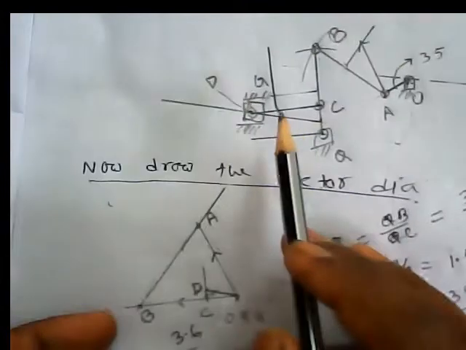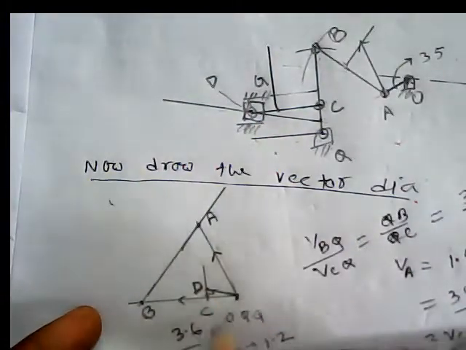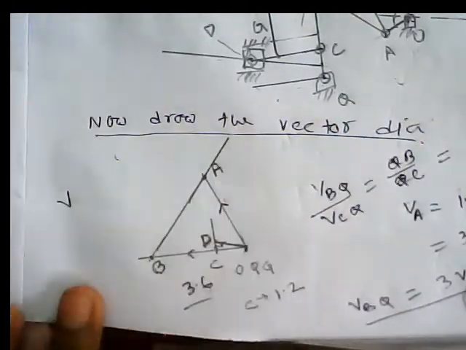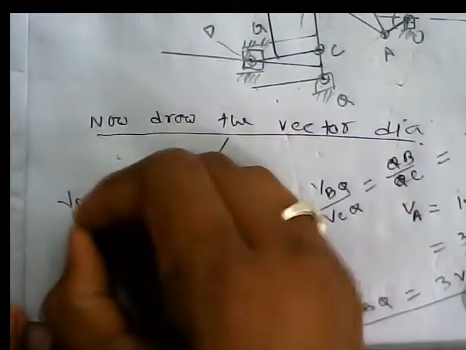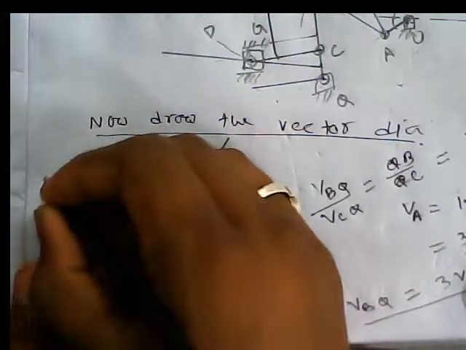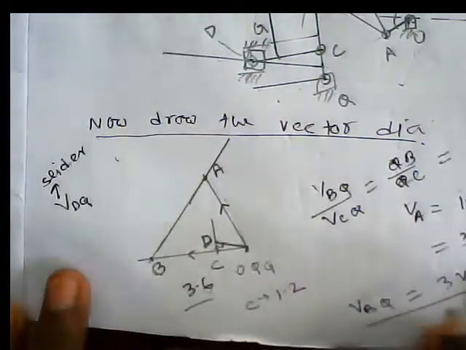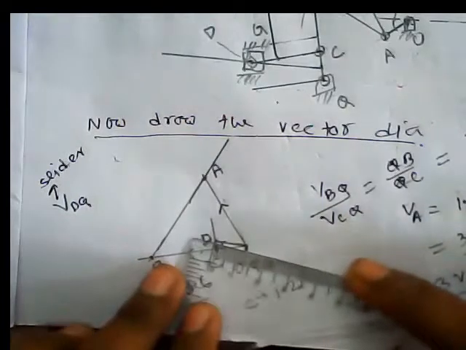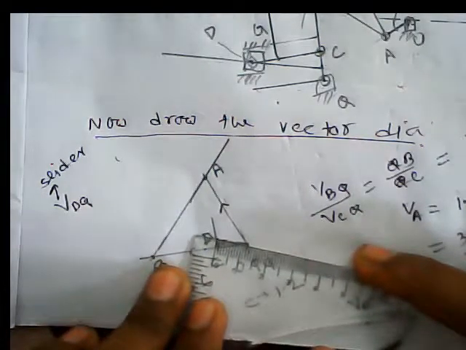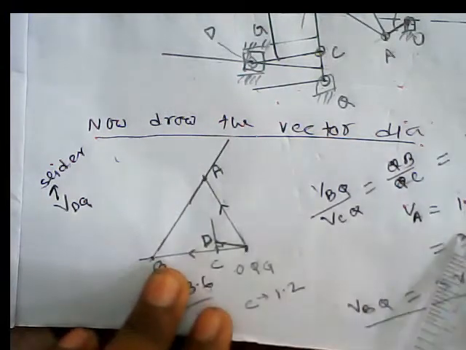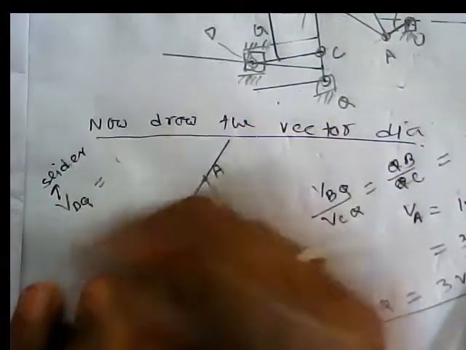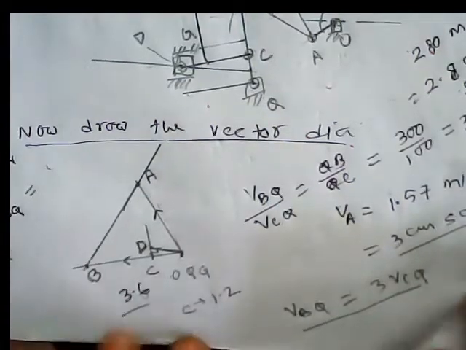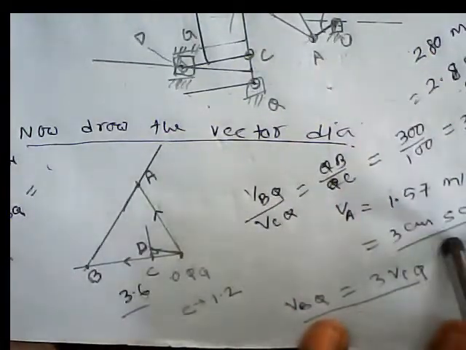Now this distance QD is the velocity of slider D, velocity of D with respect to Q or G. So in scale the distance is 1.1. 3 centimeter means 1.57 meter per second.